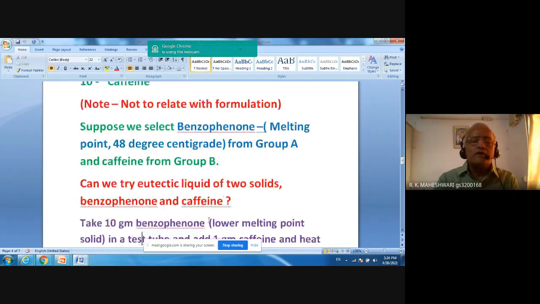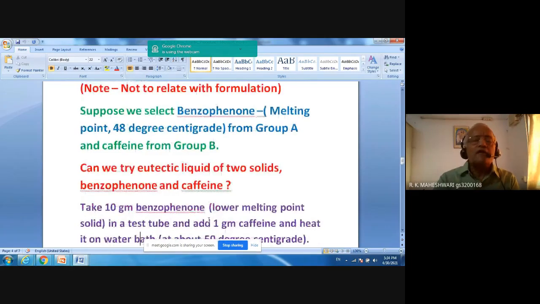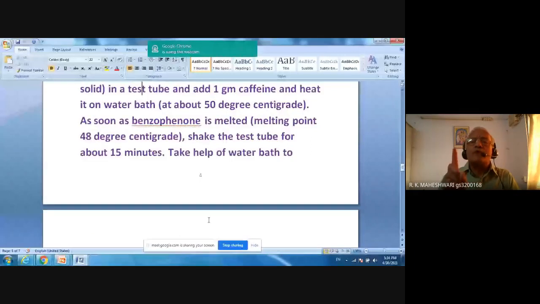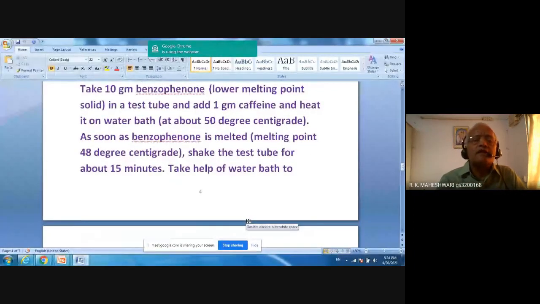Take 10 gram of benzophenone, a solid of melting point 48 degrees centigrade, in a test tube and add 1 gram of caffeine. Heat it on a water bath at about 50 degrees centigrade, which is sufficient to melt benzophenone.